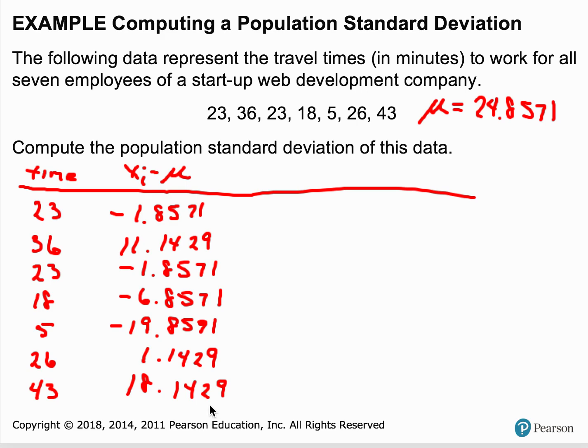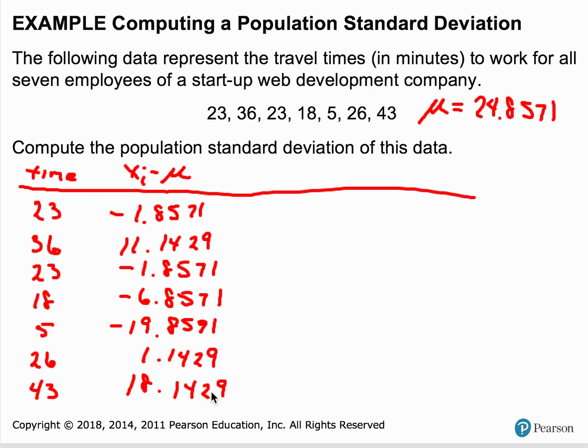Now, this isn't part of the process, but just something I want to point out to us. I'm going to add these values up right here. So 18.1429 plus 1.1429 minus 19.8571 minus 6.8571 minus 1.8571 plus 11.1429 minus 1.8571.